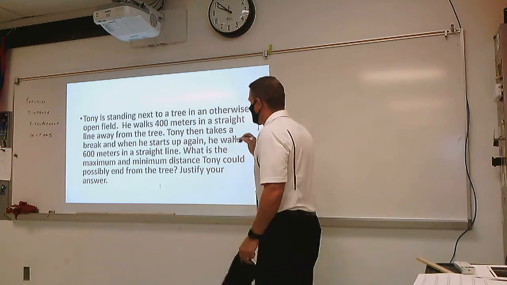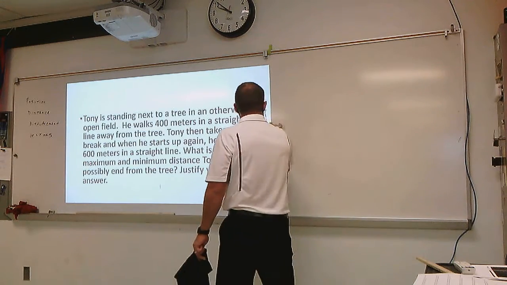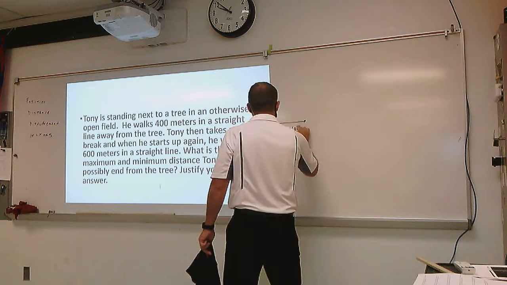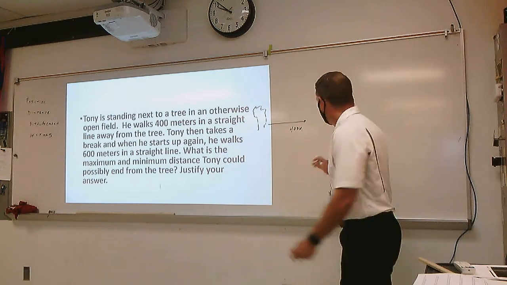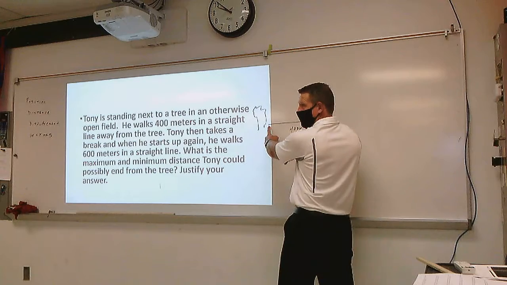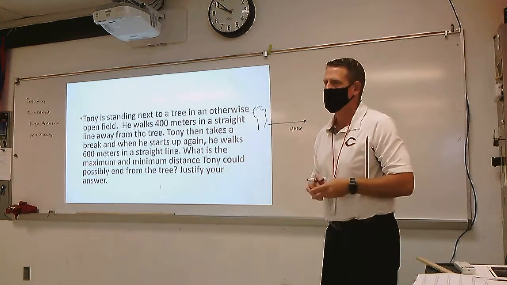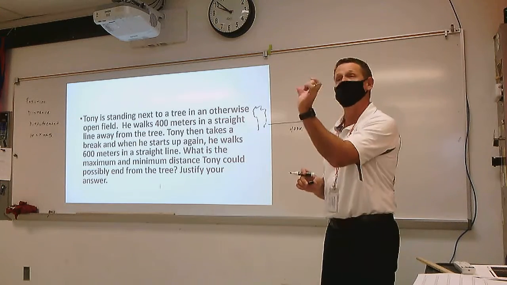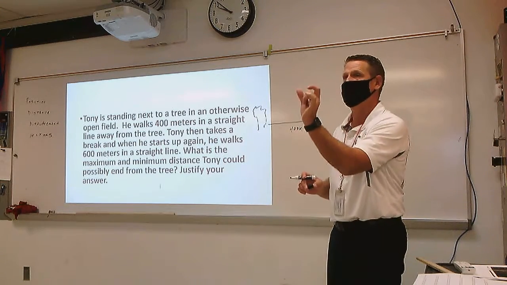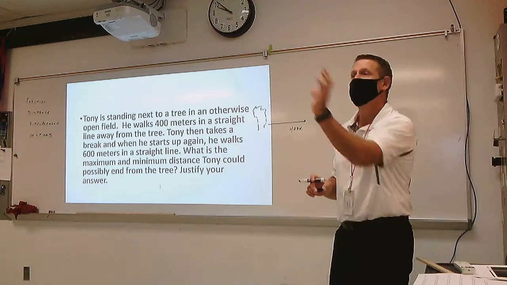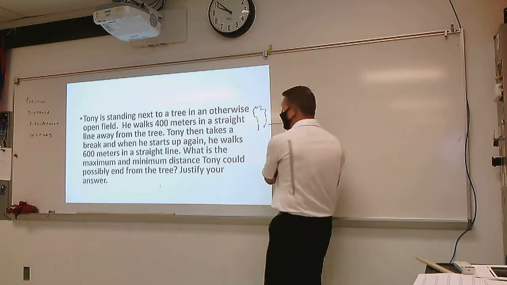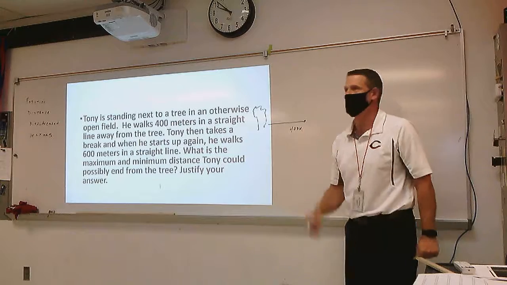So, what happens here? Tony's standing at the tree, and he walks 400 meters. Eric, what is this thing right here? That is a vector. What does it represent? Which is what do we call a term that has distance with a direction? Yeah, this represents a displacement of 400 meters, in this case, to the right.